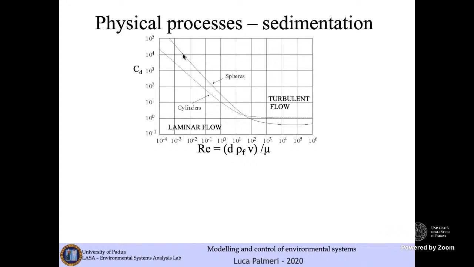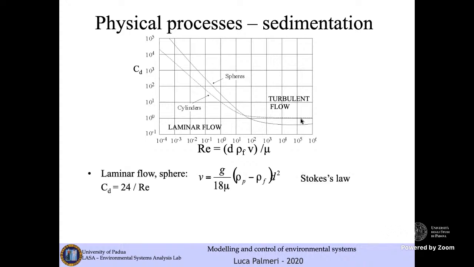For example, the upper curve is valid for spherical particles, while for cylindrical particles we may employ the dashed lines, so it is slightly different. The common point is that as the Reynolds number grows, the drag coefficient decreases and goes to a constant value of more or less 1 in conditions of turbulent flow.